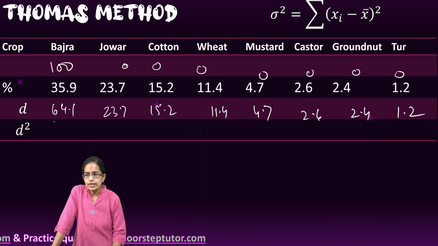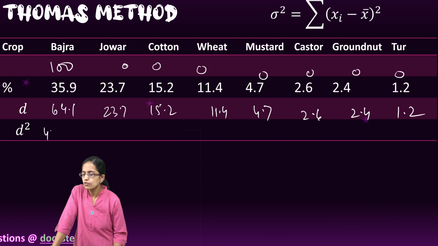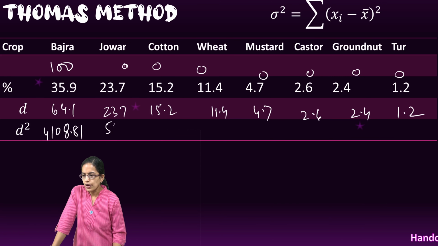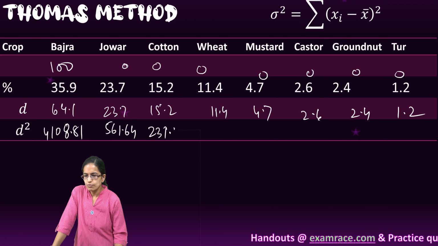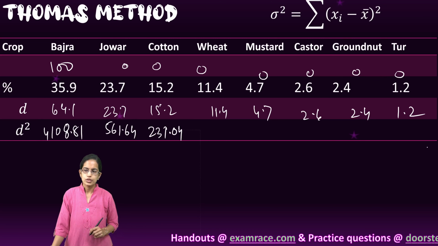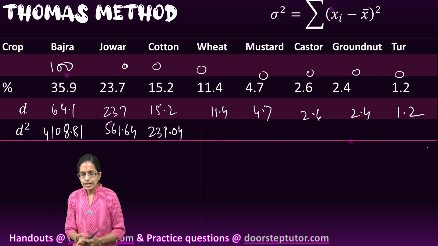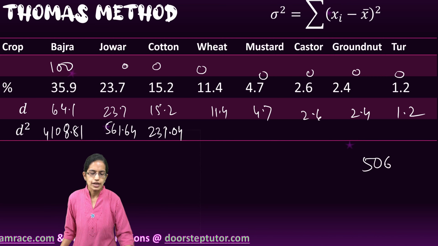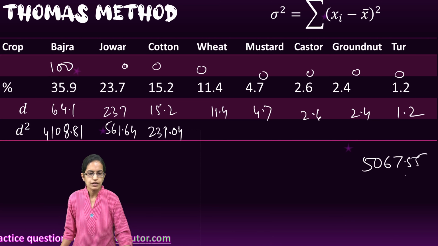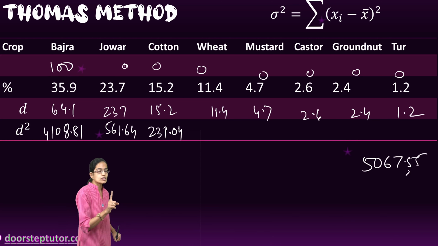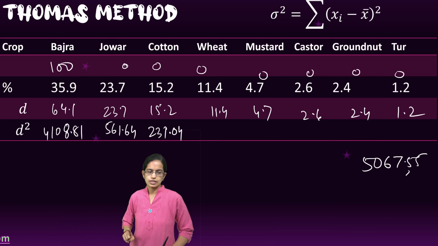So d square, the square of the difference, so 14108.81, then we have 561.64, then there is 231.04, and so on and so forth. And finally he said add up all these differences. So adding up all these differences we get 5067.55. Now this was the case with monoculture.